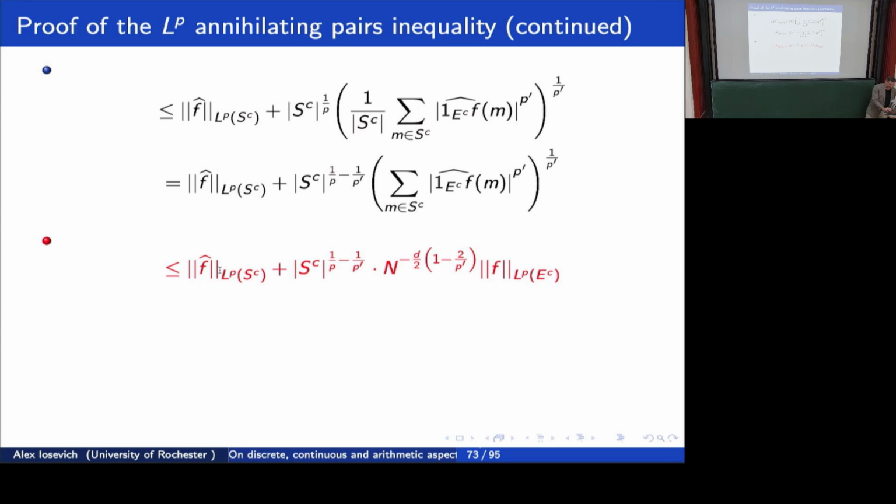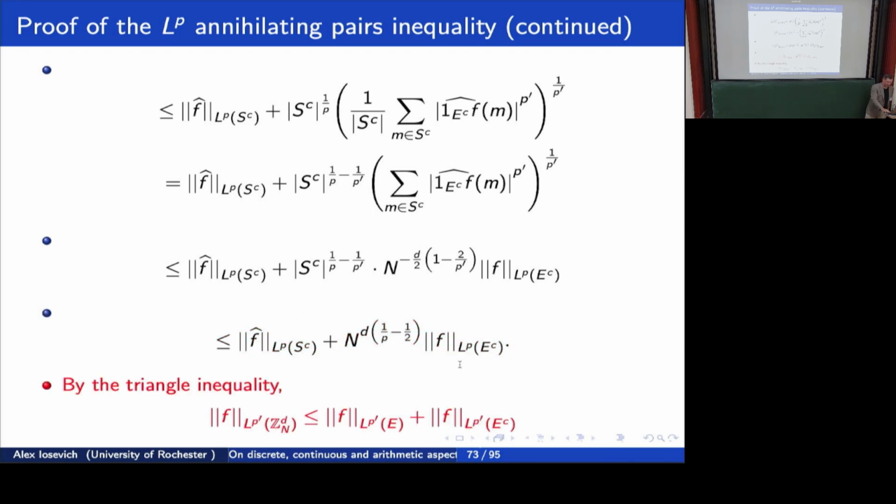The first term simply comes down, and for the second term, we use Hausdorff-Young yet again. Okay, so Hausdorff-Young had to be used twice here, and this is not inefficiency. In both cases, it was fundamentally needed. Okay? And that this gives us LP of S complement norm of F hat plus n to the d 1 over p minus 1/2, a familiar quantity, times the LP norm of P complement.